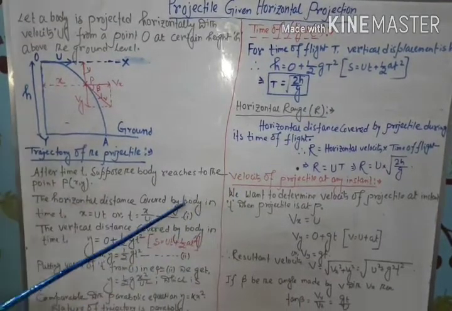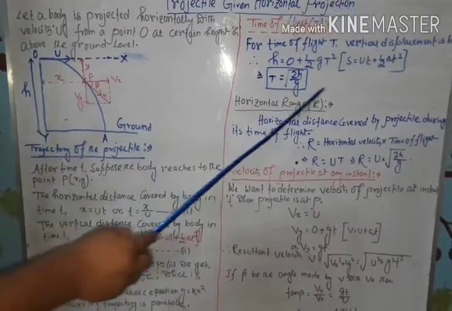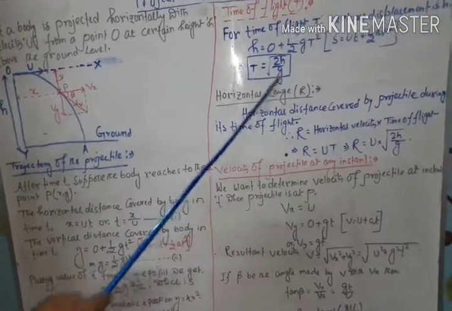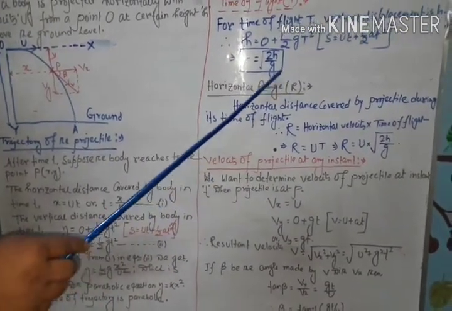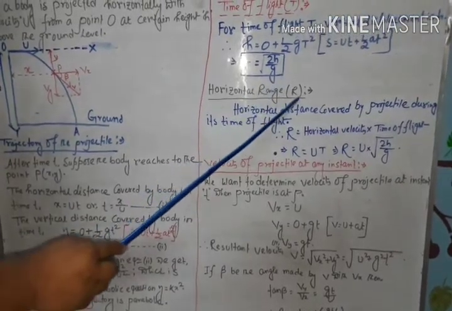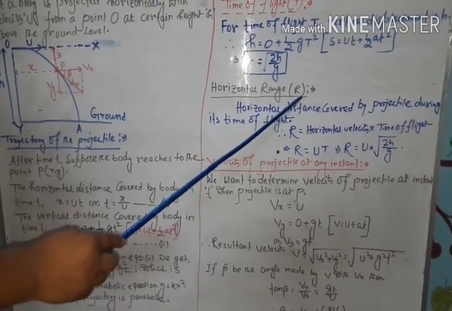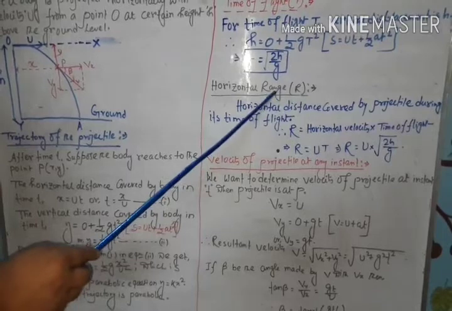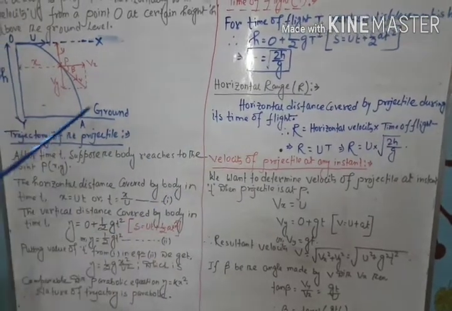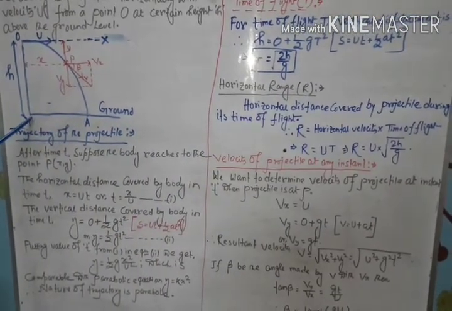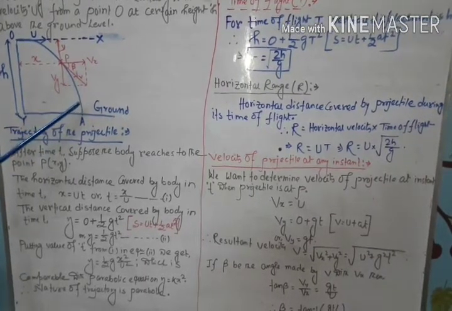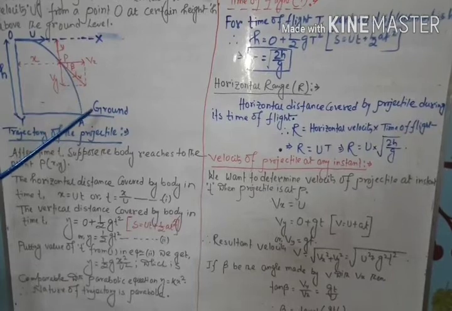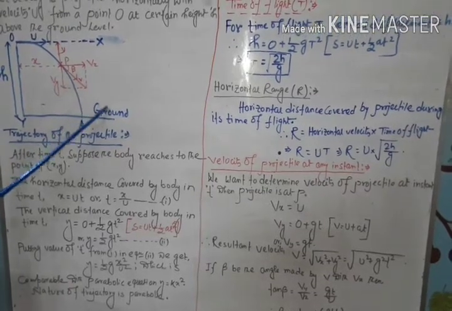Next we have to determine the horizontal range, which is denoted by R. What do we mean by horizontal range? The horizontal distance covered by the projectile during the time of flight is known as the horizontal range, which in the figure is from the point below O to A. Previously we know that along the horizontal direction the velocity is always u.